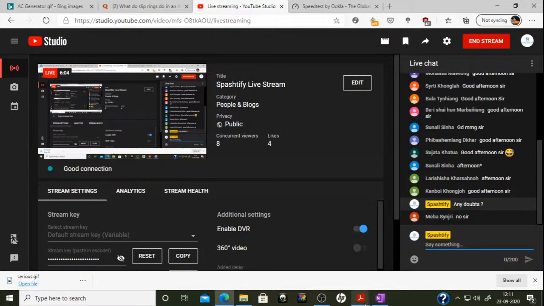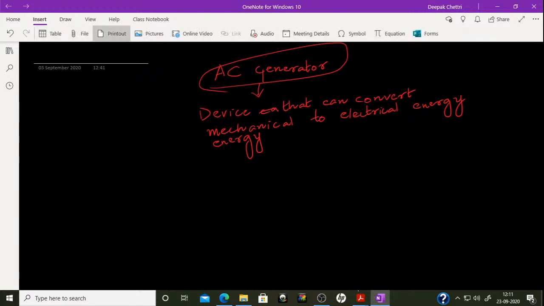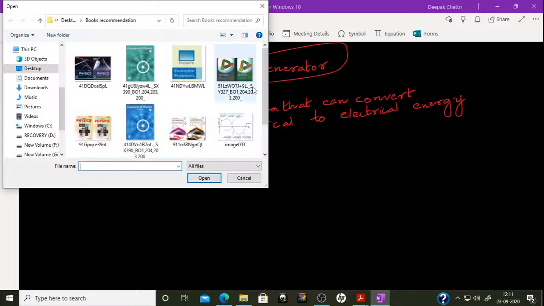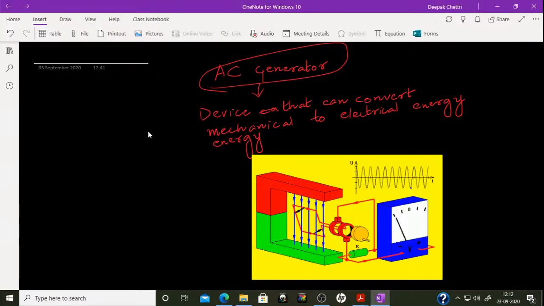Okay, so that is an AC generator. Let me show you what it looks like. This diagram is the diagram for an AC generator, right?